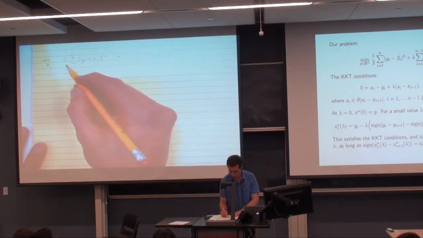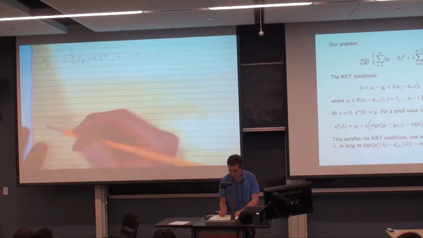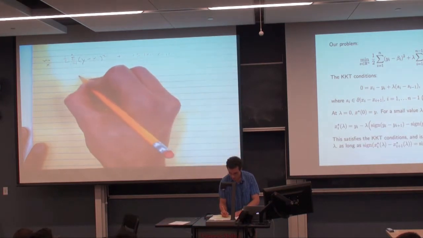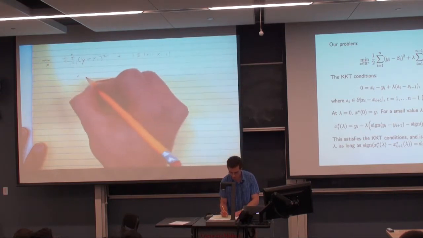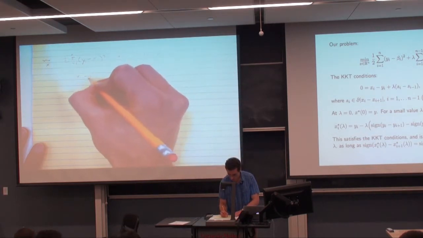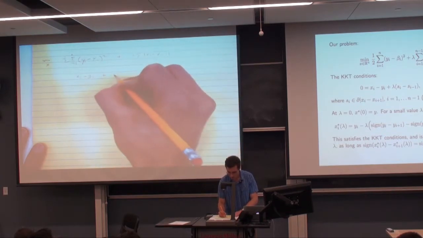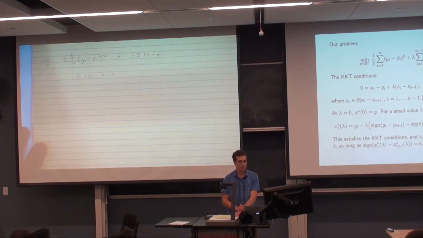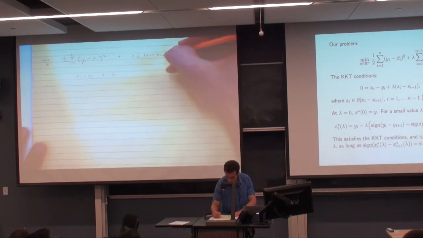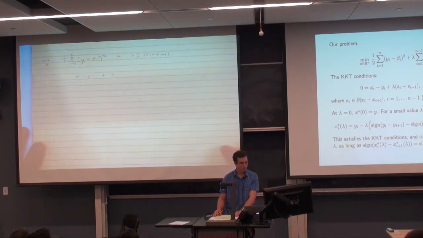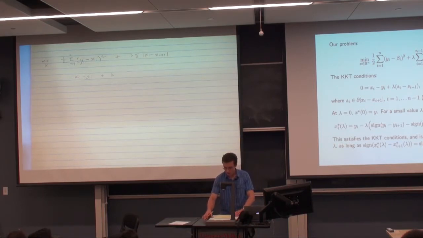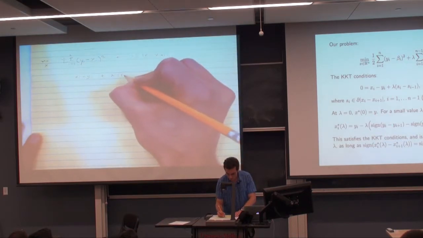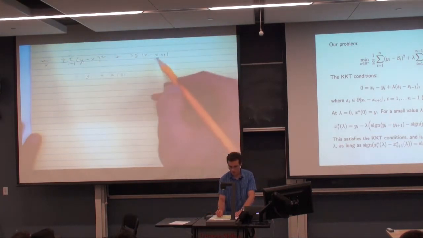So the first term, it's differentiable, right? So I just take its gradient, and the ith component of its gradient looks like this: xi minus yi plus lambda times the subgradient of the absolute value of the difference between xi and xi plus 1. I want to be careful that I don't mess up the indexing. One way is just to use the chain rule of subgradients, and that ends up giving us a term si.